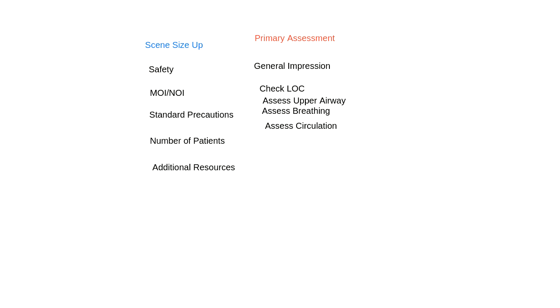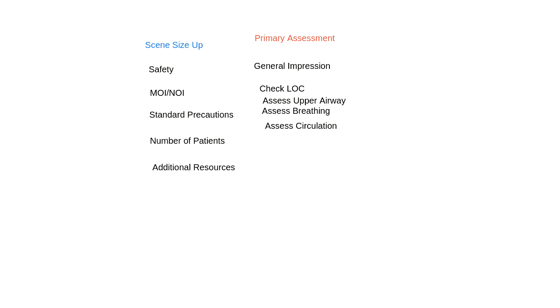Okay, sir, need to make sure that the scene is safe. Going to be considering the MOI or NOI. I'm going to be taking standard precautions for myself, my partner, based on the information so far, one patient, and I'm going to request ALS for this patient. That's a scene size up.